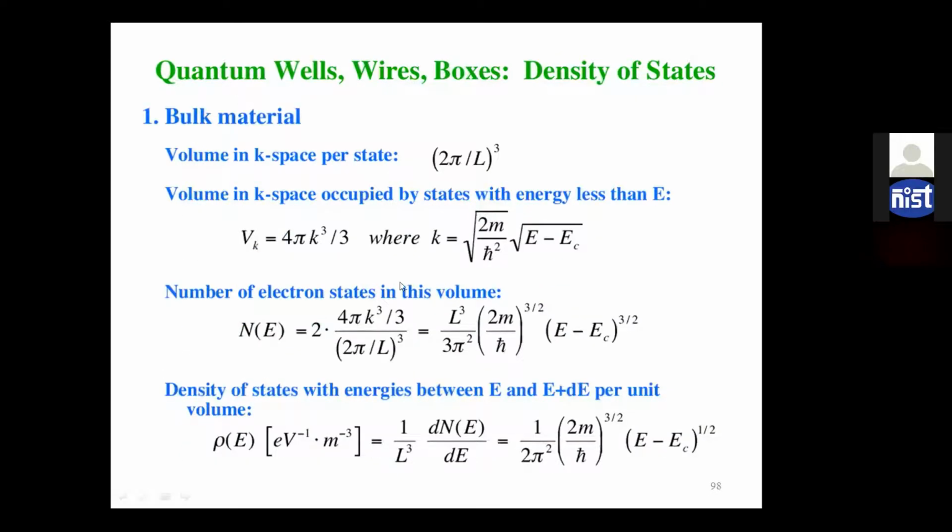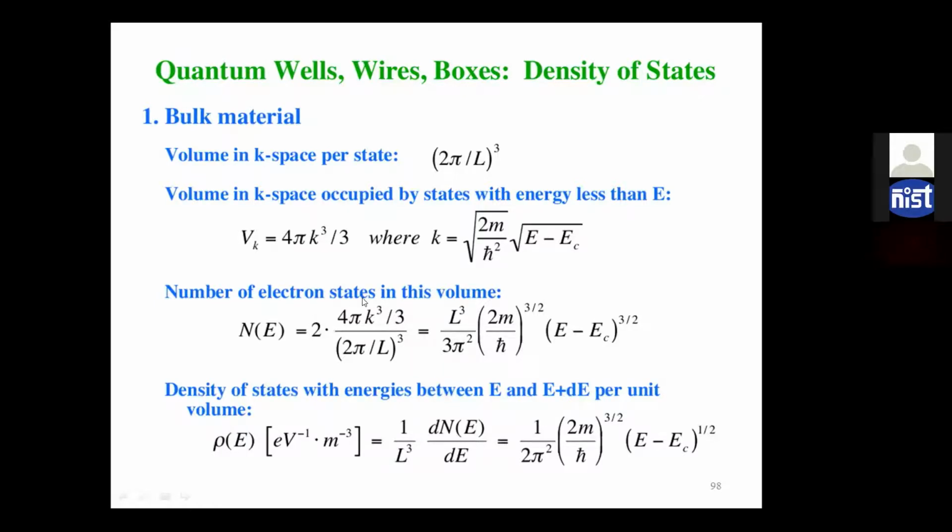So the number of electron states equals the volume in K space divided by the volume in K space per state. The factor 2 is multiplied because we consider spin up and down, so 2 is due to spin.